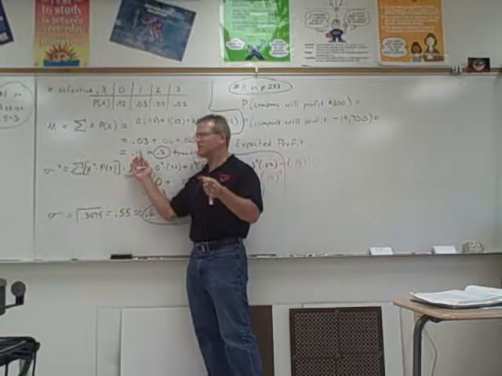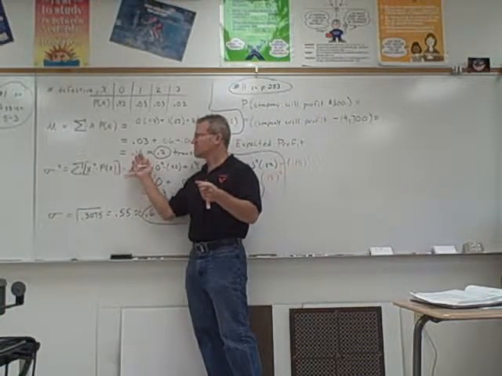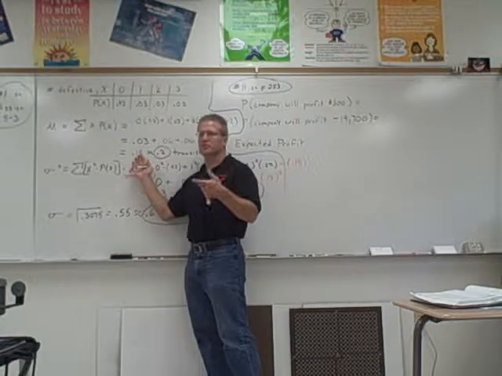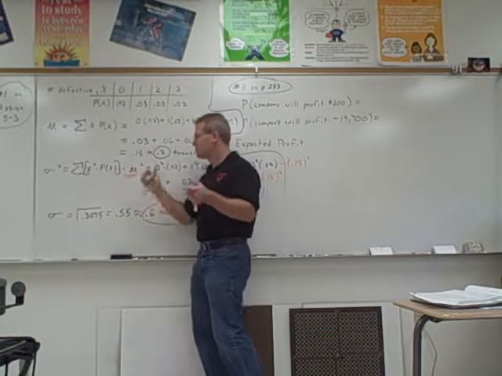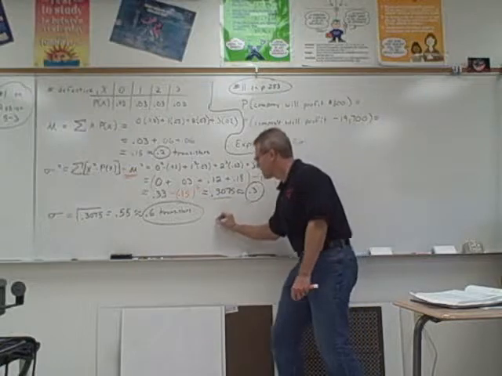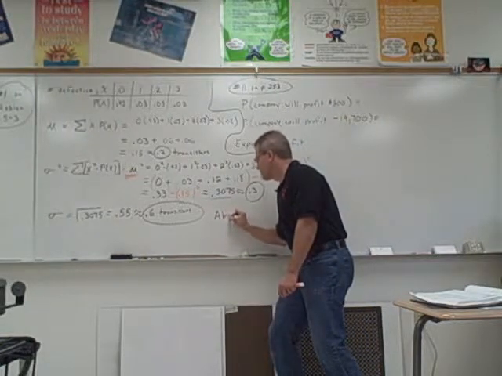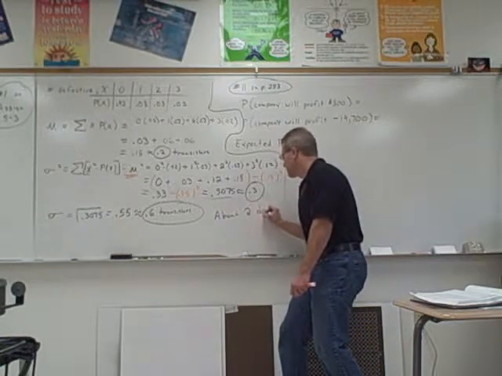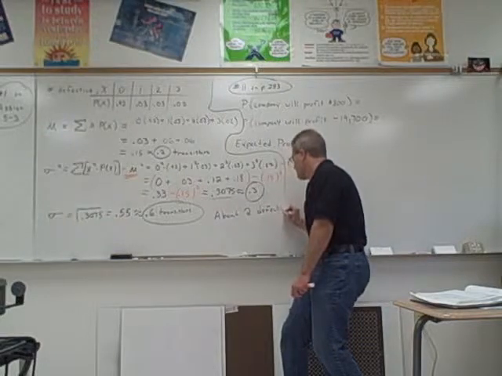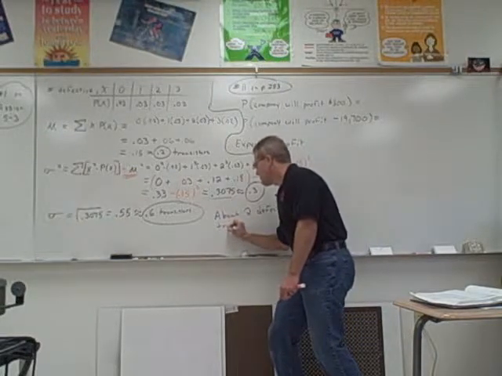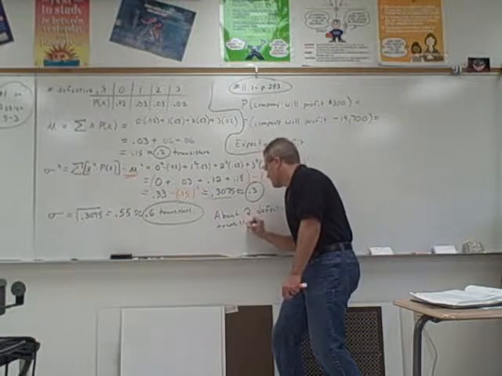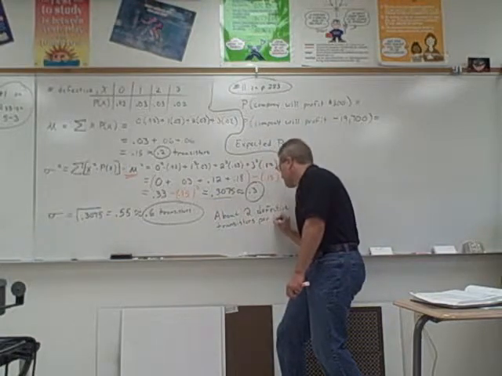Yeah, take 0.15 times 10. So that's going to be 1.5, which should round to 2. So about 2 transistors. So they will get about, on average, 2 defective transistors per day.